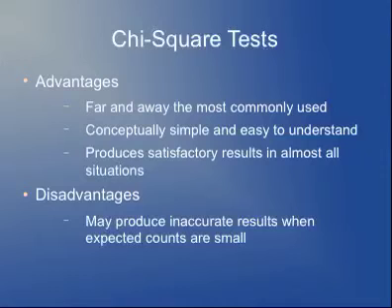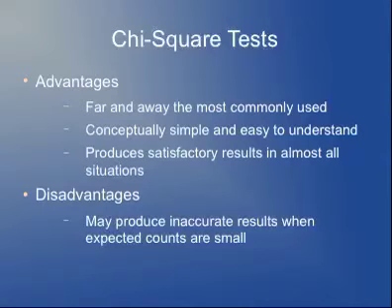90 to 95% of papers, as I said, if you look at their statistical methodology when they have to do this problem, will use the chi-square test. It's very easy to understand and explain, and the vast majority of the time it works fine. If you just use nothing but chi-square tests for the rest of your life, you're unlikely to get into much trouble.